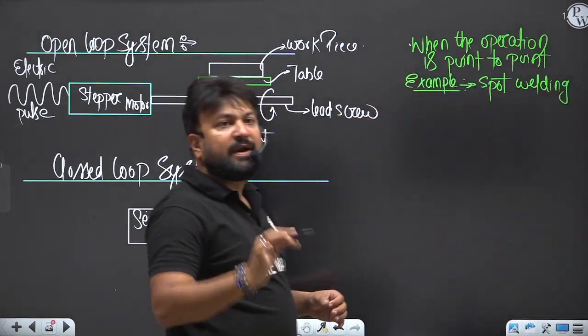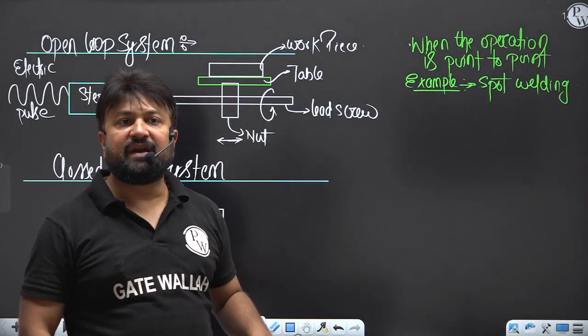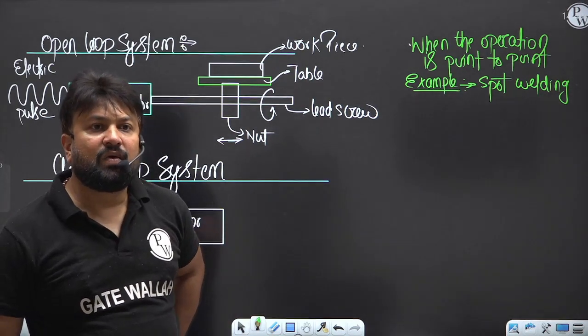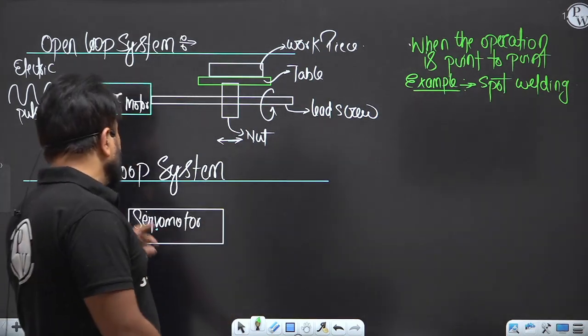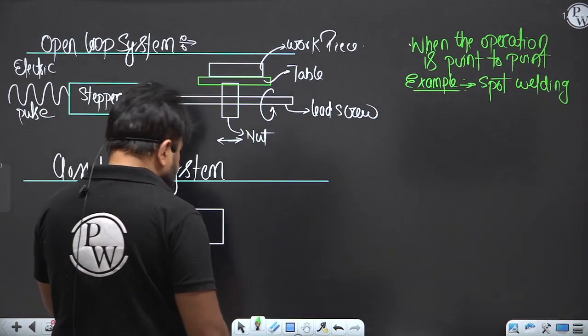This is the example. Point to point, point to point, like the spot welding. Clear? Now, when you are doing a continuous operation, then we use a servo motor.